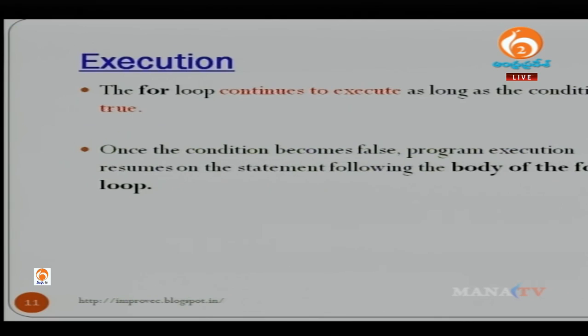Means the moment the condition becomes false, control comes out of the for loop. If the condition becomes true, statements in the body of the for loop are executed. That is the meaning of these statements.